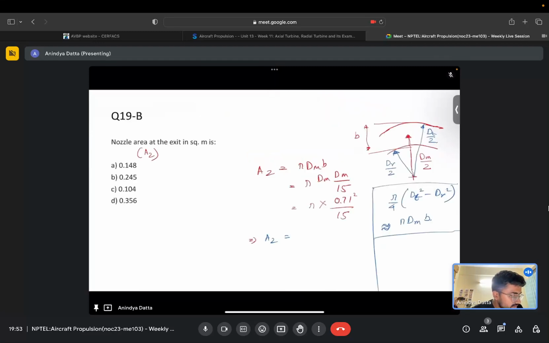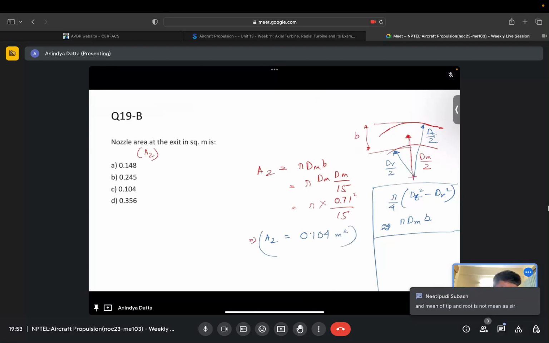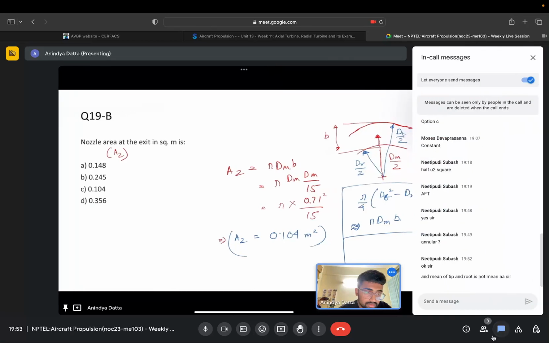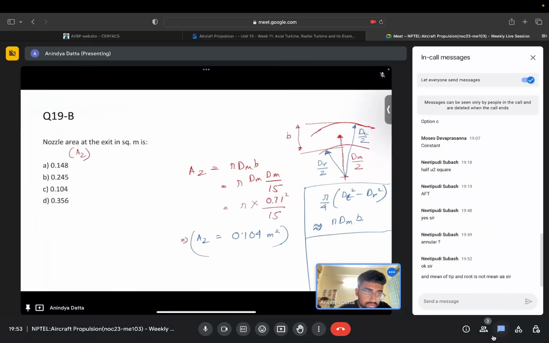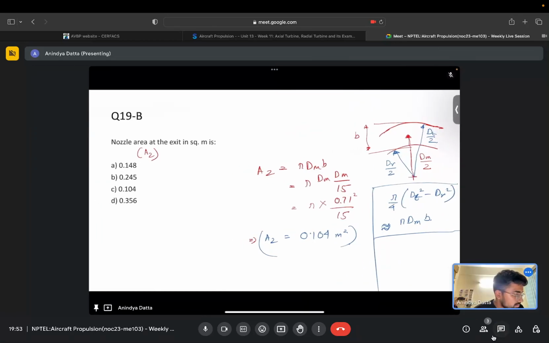So if you now do that, we will get A2 as 0.104 meter square. Sorry, I didn't get you. What do you mean? Yes, this is the thing: dr plus dt by 2, this is dm.